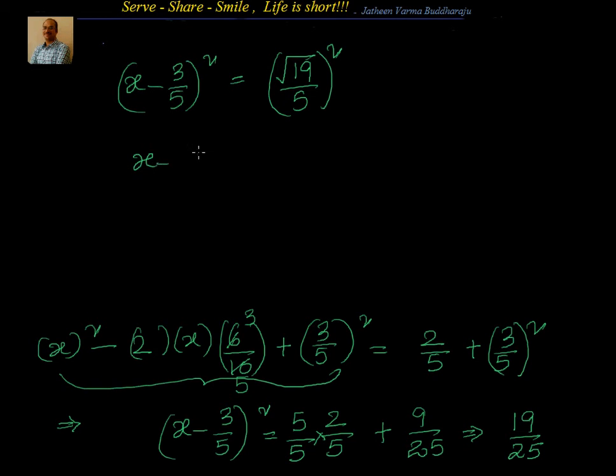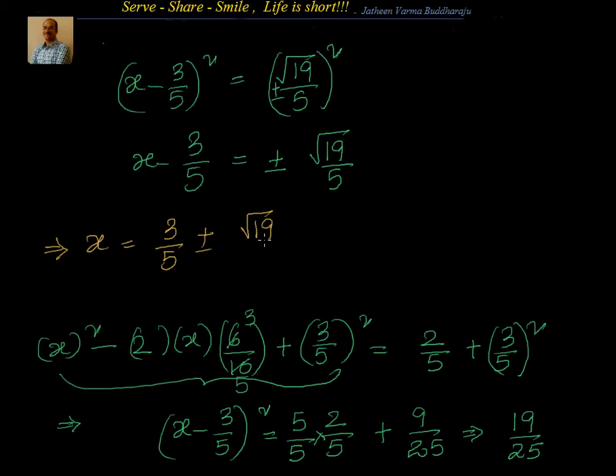So I can write x − 3/5 equal to plus or minus √19/5, which gives x = 3/5 plus or minus √19/5, which is nothing but (3 ± √19)/5.